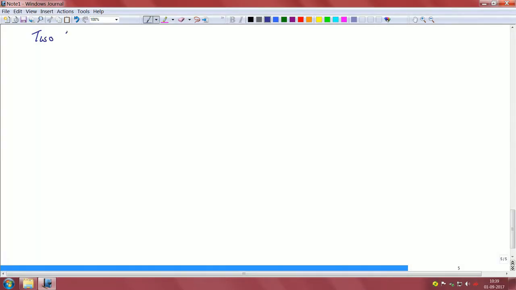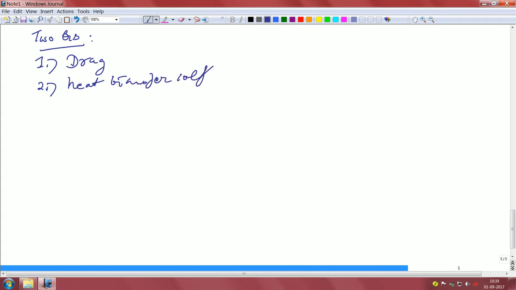Okay. So, there are 2 questions that the application engineers have to answer, and I would put these 2 questions in bold. As an application engineer, you will be bothered with them, right. One is the drag and one is the heat transfer coefficient. Why is the drag important?